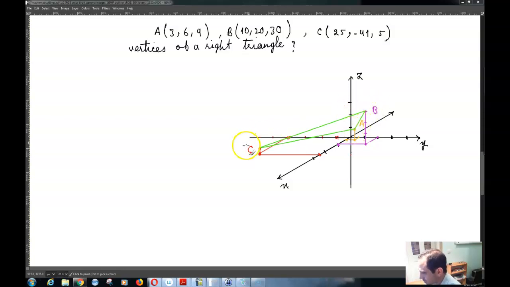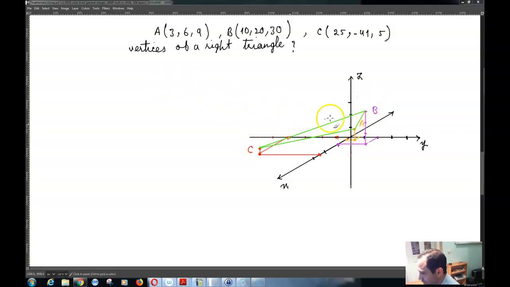Now, based on this diagram, I could say that, for example, this looks like a 90-degree angle, or at least the orientation of the triangle is that way. If this angle was a 90-degree angle, then this side over here would be opposite the 90-degree angle.